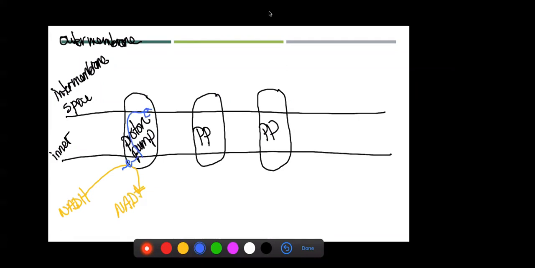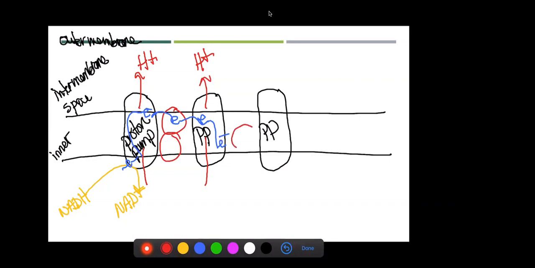And when I do that, it is going to pump protons. All right, I have a couple more proteins in my inner membrane. We're gonna pump. Okay. Notice I went down in energy as I did work, and what work am I doing? I'm pumping a proton.